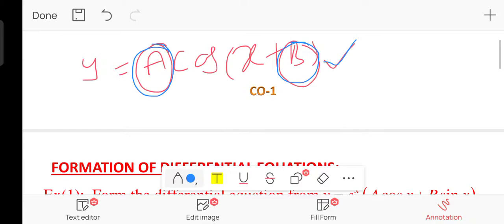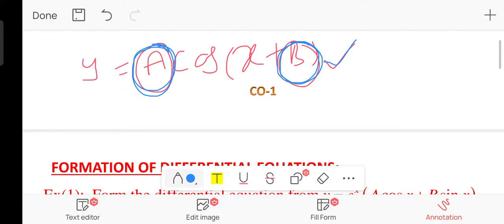And step number 2 is we have to differentiate as many times as the number of arbitrary constants. So here the number of arbitrary constants is 2 and we have to differentiate the given solution 2 times. And step number 3 is eliminate the arbitrary constants by using proper substitution or simplification.